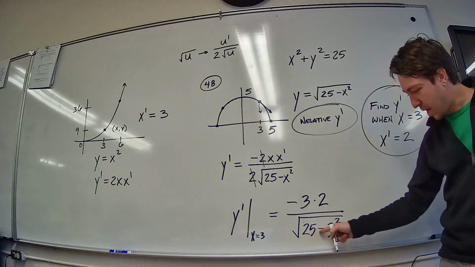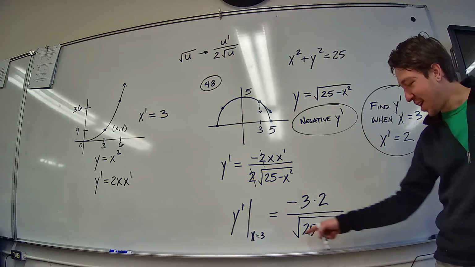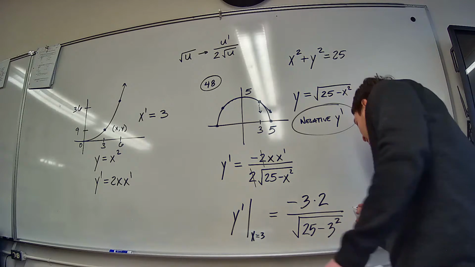What's 25 minus 9? 16. And its square root is 4.